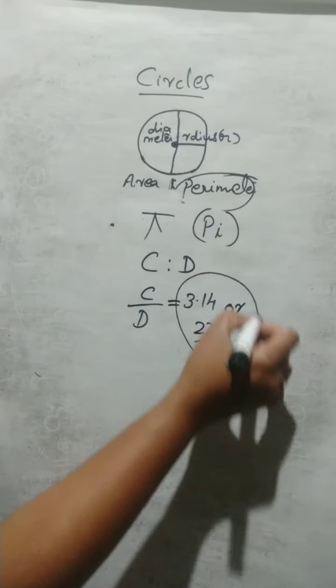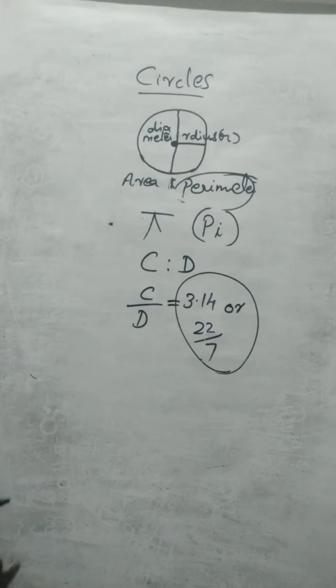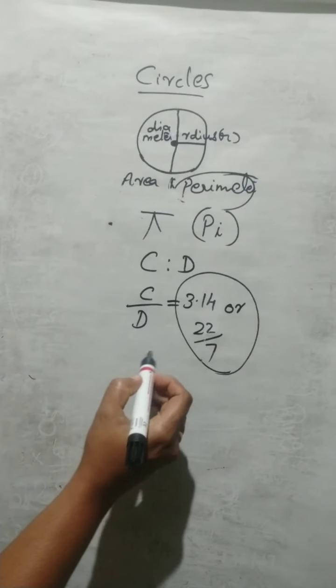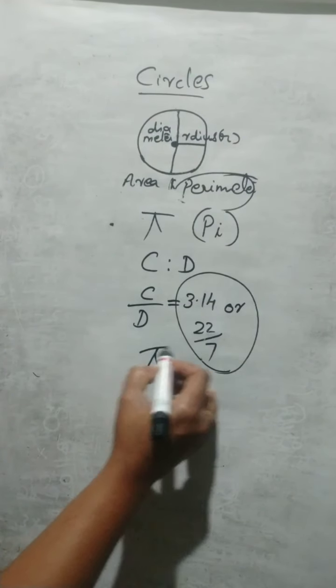This value will be constant for all circles. When you divide the circumference by the diameter, you always get 3.14 or nearest to 3.14, or 22 upon 7. This is represented by pi.